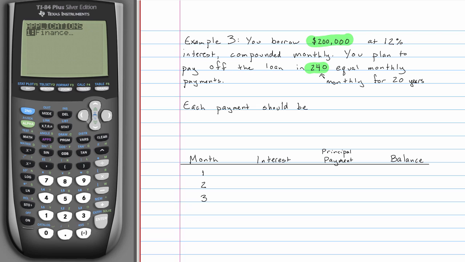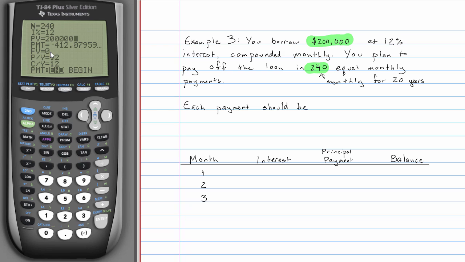So we summon up the finance app. We want to make 240 payments. Interest is still 12%. Now we're borrowing $200,000 instead of just $2,000. And I'm going to quick count my zeros and make sure I punched in enough of them, because that's an easy mistake to make. Future value is still 0.